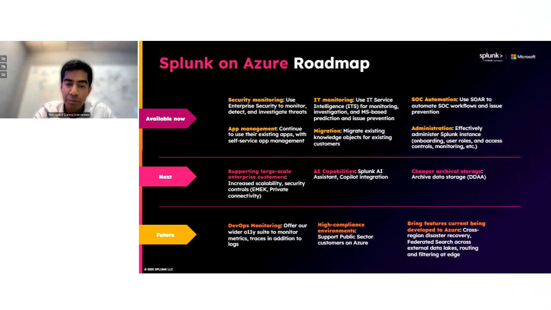Customer managed encryption keys. We also are working on launching our Splunk AI assistant, as well as an integration with Microsoft Copilot. Out of this, private connectivity and AI assistant are expected to launch pretty shortly, in the next 3 to 6 months, with others being a little further out.